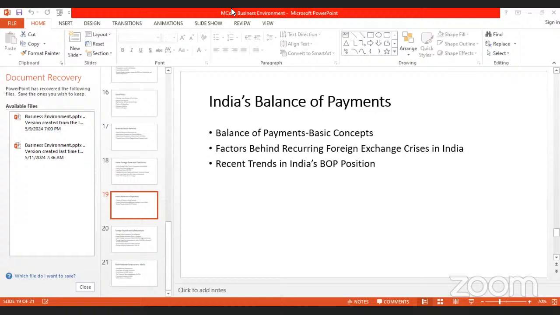A surplus, that means if you get a positive value or a higher value, or a deficit, that is a negative value or a lower value, in one account is offset by any opposite movement in the other. Okay, so the value should be zero. Then you will get the balance of payment value correctly. If you are getting a positive value, there will be a surplus. And if you are getting a negative value or a lower value, there will be a deficit.